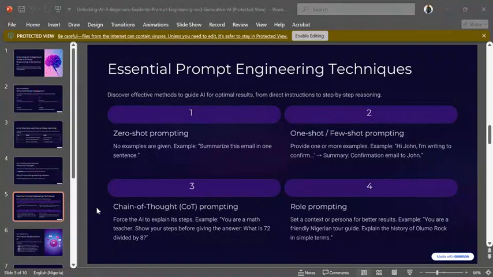Like I said, it's mainly used for automations. If you have an automated system that has access to your email, you can just tell the AI what to do. Say, summarize all my mails for this week.